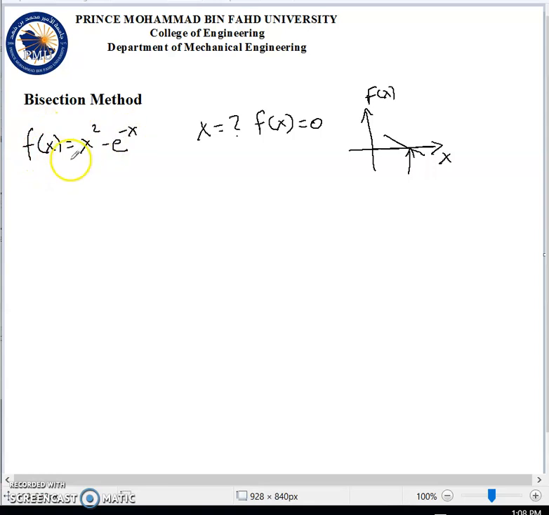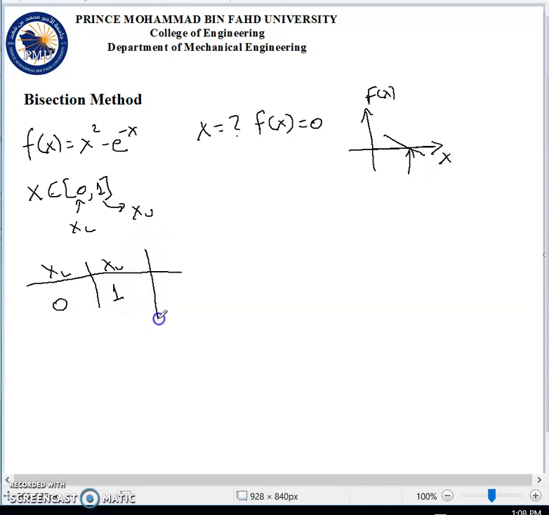So, let's solve this function in the x domain of 0 and 1. We are going to refer to our lower boundary as xl, for lower, and the upper boundary as xu, for upper. So let's start with a table. It always helps. For our first iteration, the x lower is 0 and the upper boundary is 1.